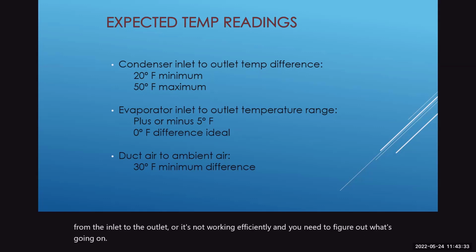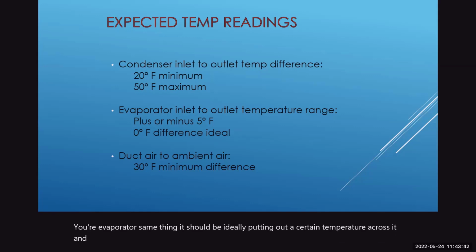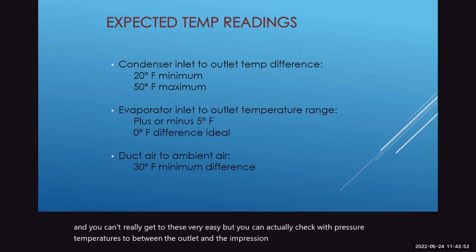Your evaporator, same thing. It should ideally be putting out a certain temperature across it. And you can't really get to these very easily, but you can actually check with pressure temperatures too, between the actual outlet temperature and the pressure temperature on the low side.